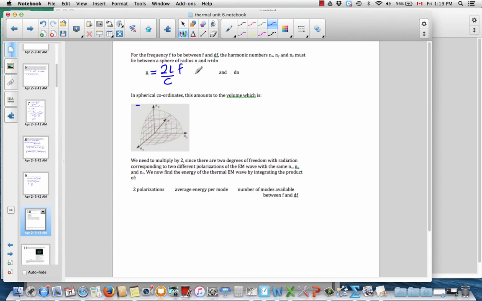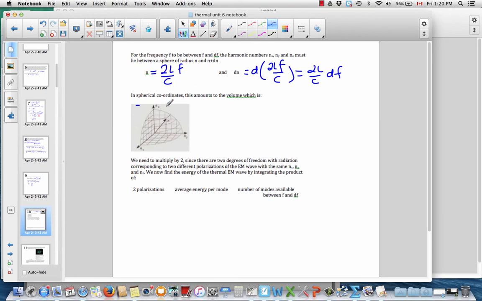And in order to end up between f and df, you have to have a thickness for that sphere. This is then a spherical shell. So this will be the thickness in n space. It's 2L over c df. Now our n values are only positive, okay? But it's going to be easier for us to integrate over the whole sphere, and then we'll just divide it by 8 at the end.